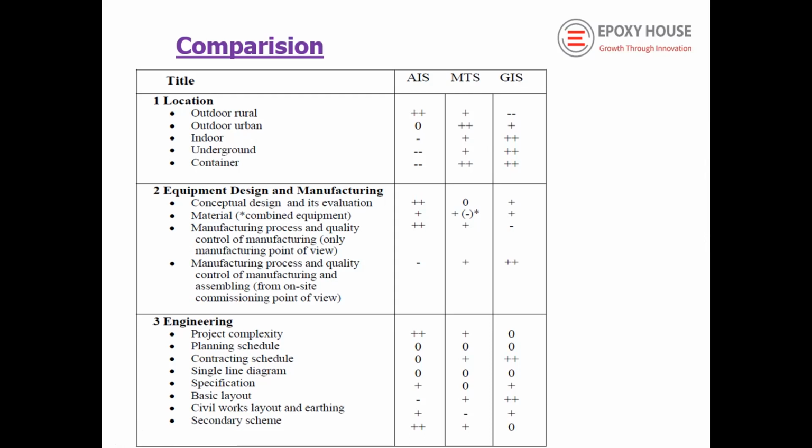For that purpose, you may need a mixed technology switchgear, because it is suitable for both applications. And from the equipment design and manufacturing point of view, AIS is a very good one. The experience is very high, with more than 100 years of technical experience. Hybrid has about 50 to 60 years of experience. GIS is also from the 1960s onwards, when people started manufacturing this technology.